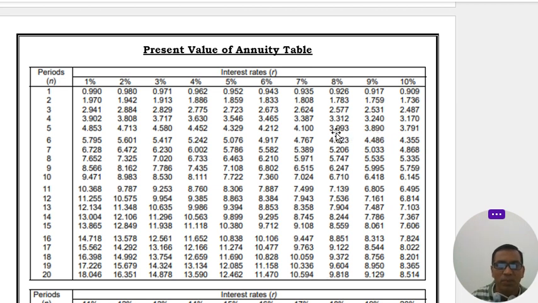So 3.993 is nearest to 3.968, and the column heading above it is 8%. This value lies in the column under 8%. So let us assume the discount factor and rate of return as 8% and take the table values at 8%.